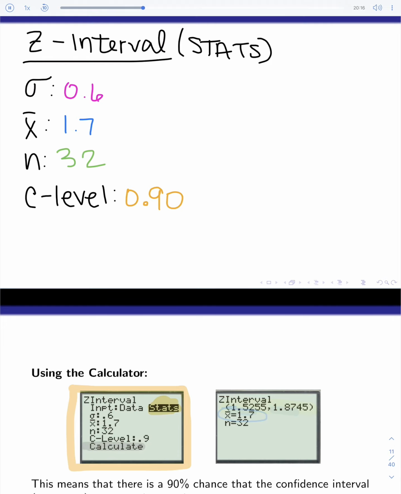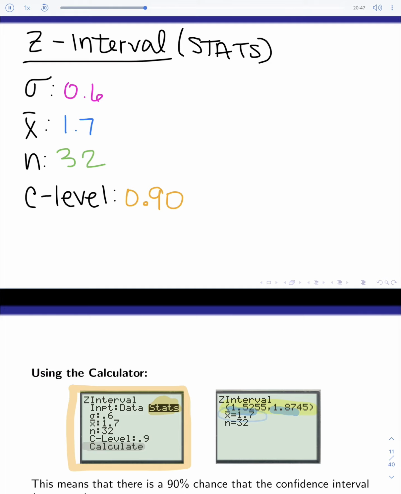And then the first thing that gets spit out to you is your confidence interval. And MyMathLab will tell you exactly how they want you to round. I went ahead and rounded to 2 decimal places. So that would be that your confidence interval is 1.53 to 1.87. And you would be done.